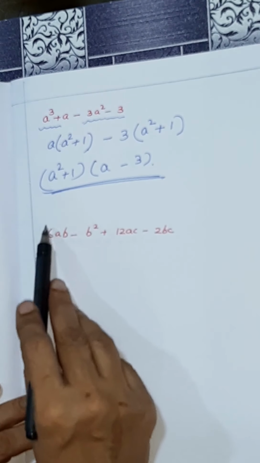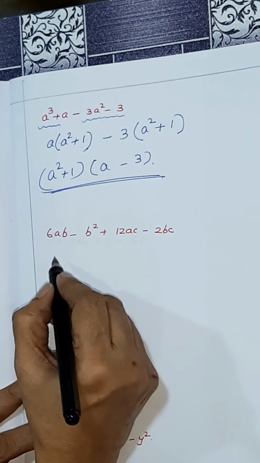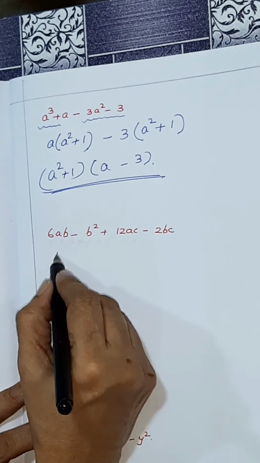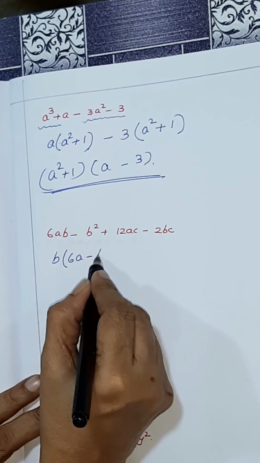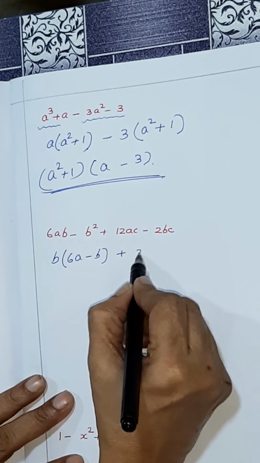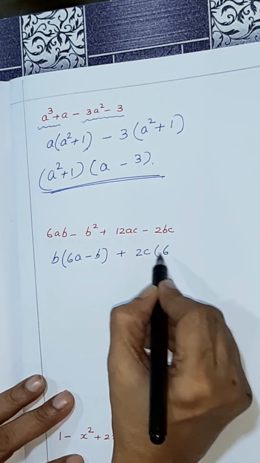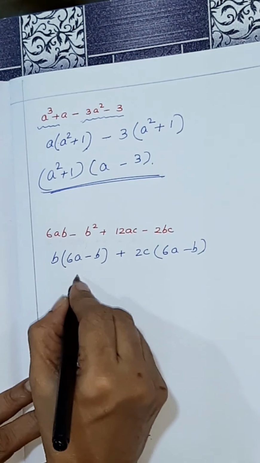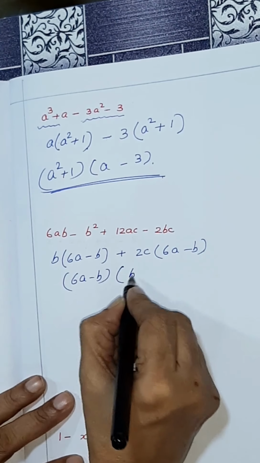So we can pair these two and these two. We get B as common, 6 A minus B, plus in this, 2C is common in these two, so you are left with 6 A minus B. Again 6A minus B is common, you take it out, and you are left with B plus 2C.